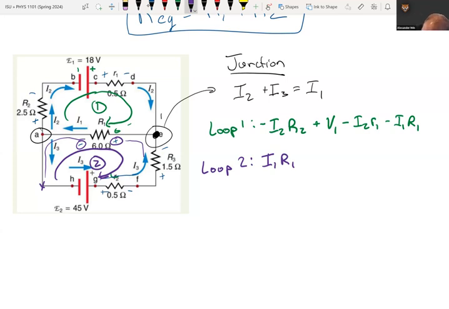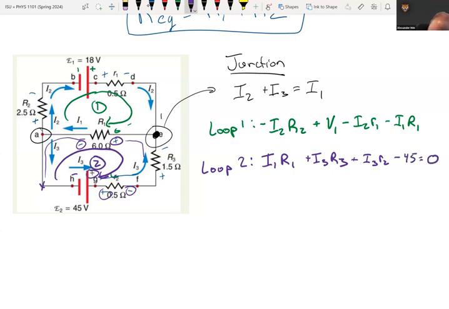So that would be plus I3 R3. And then it's plus again because I go from minus to positive. So it's plus I3 R2. And then because I go from plus to minus here, that is going to be a minus 45.